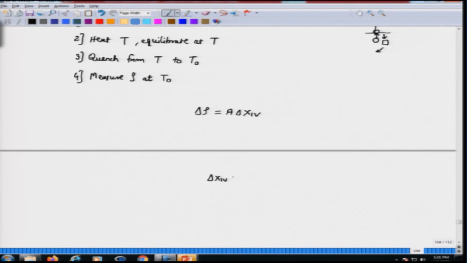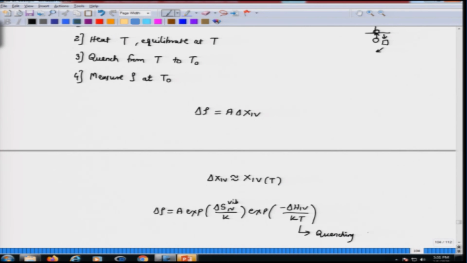So, delta x 1 v can be approximately taken as equal to x 1 v at the quenching temperature T. And so, we can write delta rho is equal to A exponential delta S 1 v by k times exponential minus delta H 1 v by k T. And remember, this T here denotes the quenching temperature.